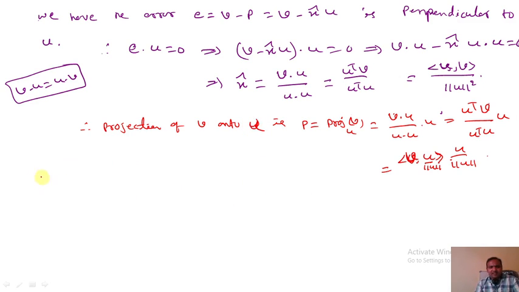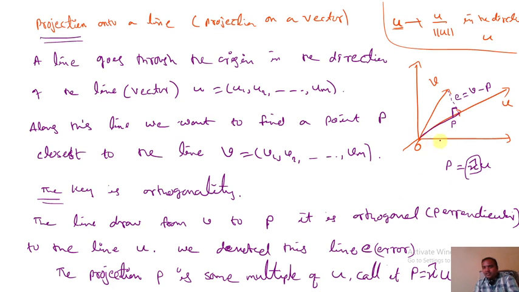Or you can go another way also. See, now these two vectors are making some angle. Suppose you take angle theta. Now what is cos theta equal to? Adjacent side divided by hypotenuse.